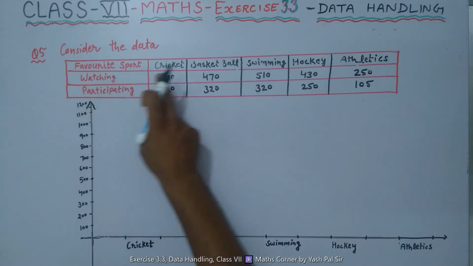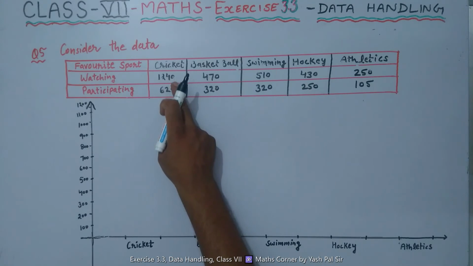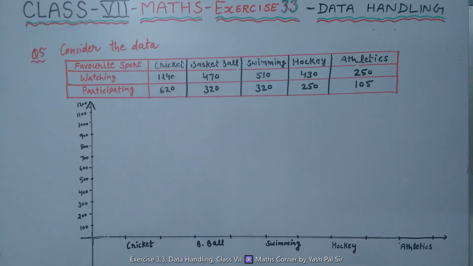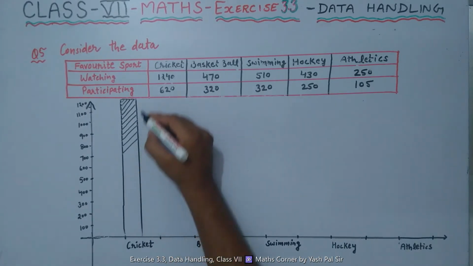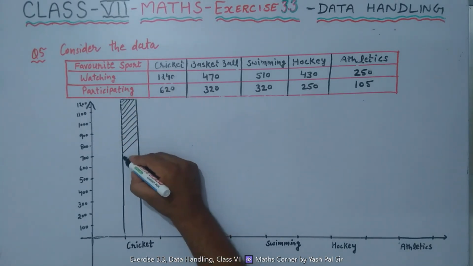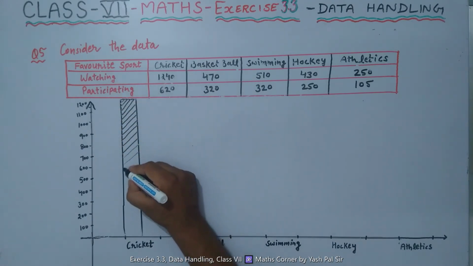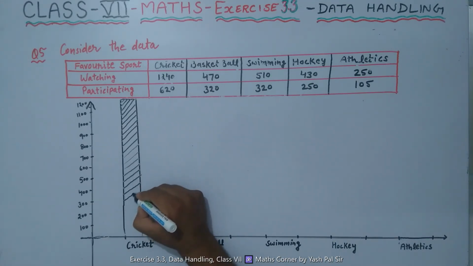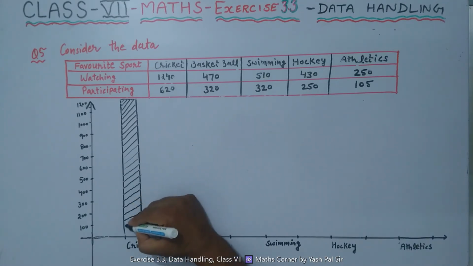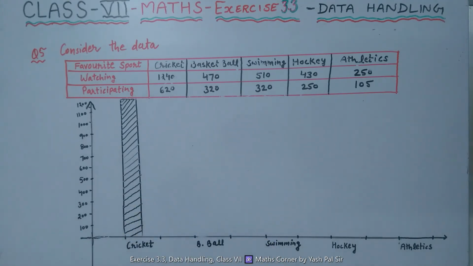First of all, for cricket, 1240 and 620. This is the first bar showing the number of people who like watching cricket. I am shading this bar with black color like this. You can take your own color according to your choice.